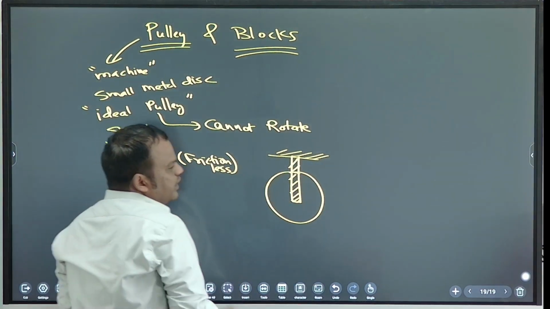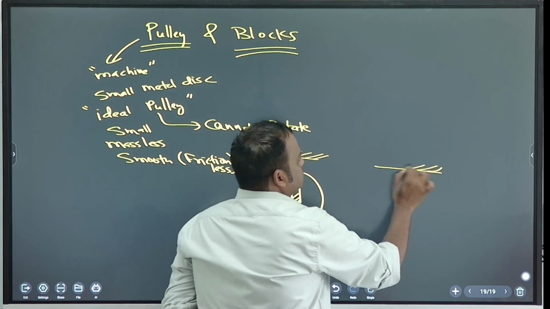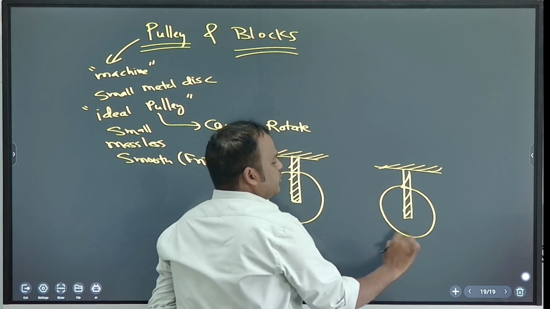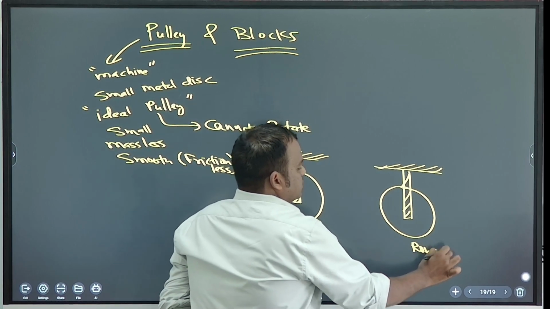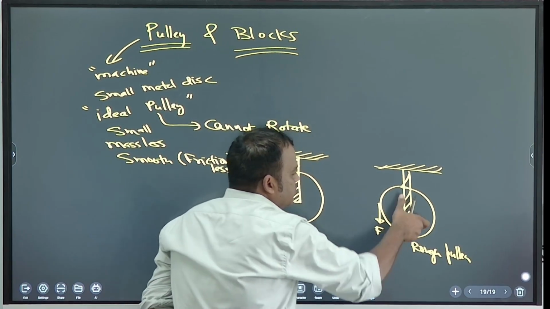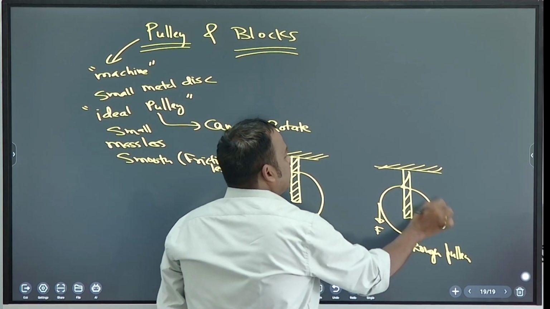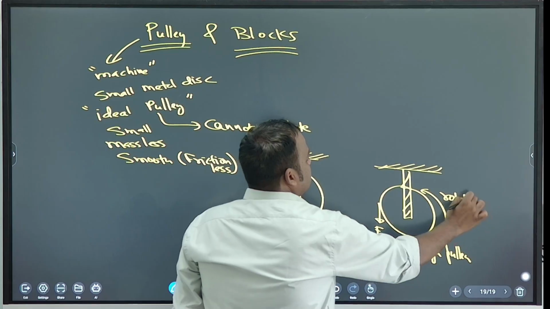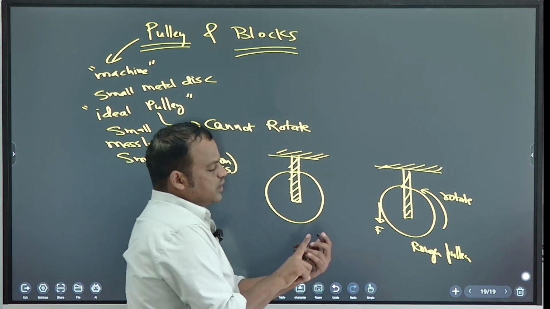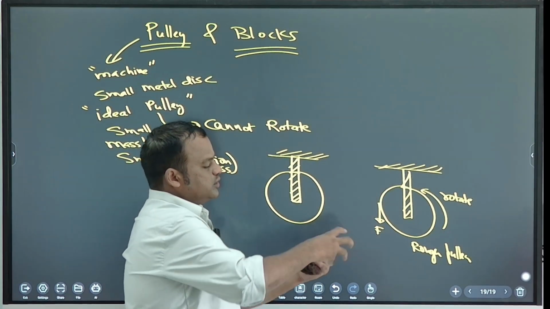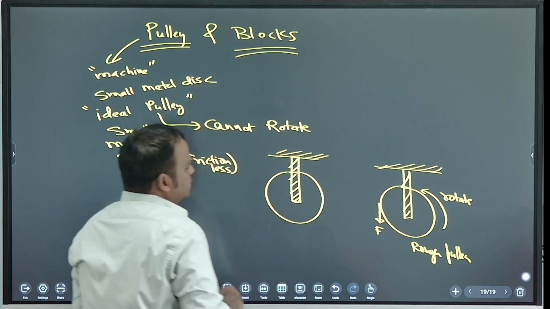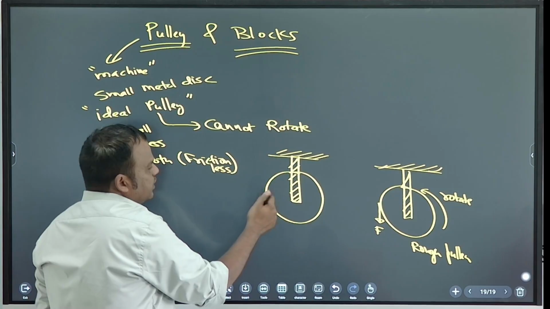But if it is non-ideal, then it is not smooth, it is rough. So a rough pulley, if you exert a force here, will rotate. It will rotate anti-clockwise if you exert the force like this. And if you exert the force here on a smooth one, it will not rotate.